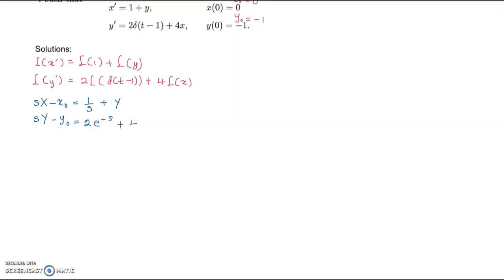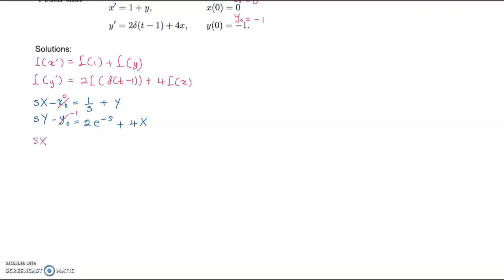Plus for Laplace of x is capital X(s), so 4X. And then x(0) is 0, y(0) is negative 1.